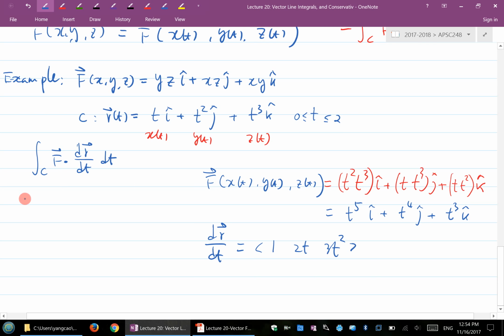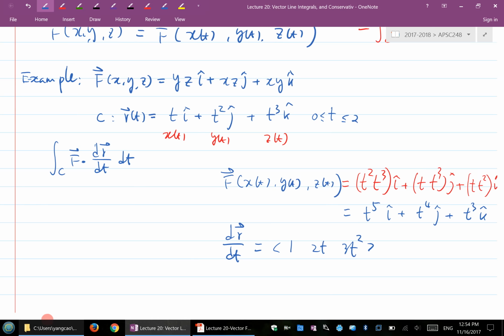Finally, you put things together. The range of the t goes from 0 to 2, so it's the integral from 0 to 2 of the dot product between (t^5, t^4, t cubed) and (1, 2t, 3t squared), then dt. That's a simple dot product.